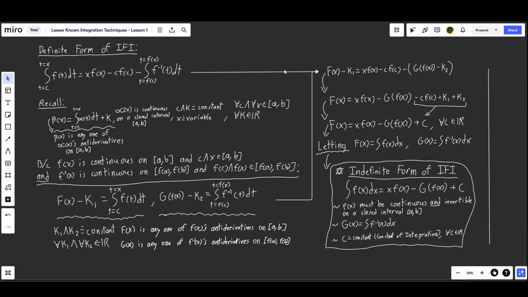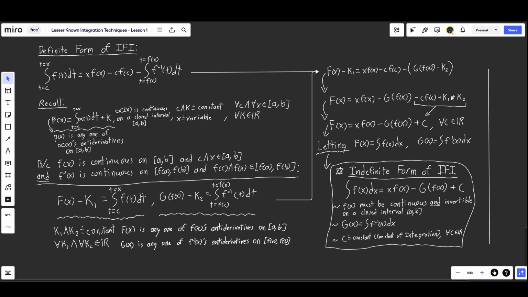Plugging these into the definite form of inverse function integration and solving for capital F of x, we receive that capital F of x is equal to x times f of x minus g of f of x plus this block of constants.